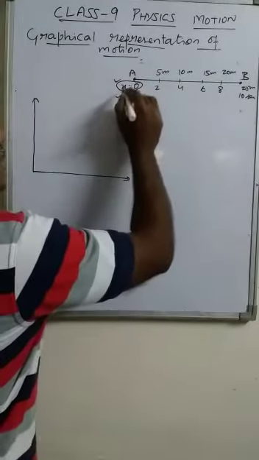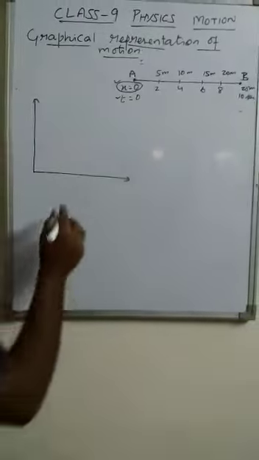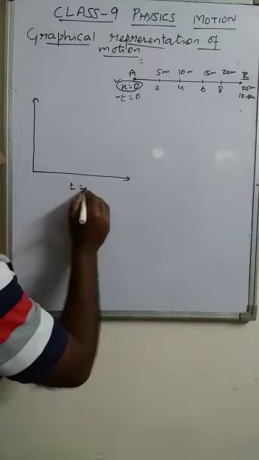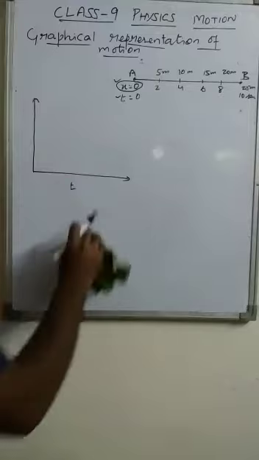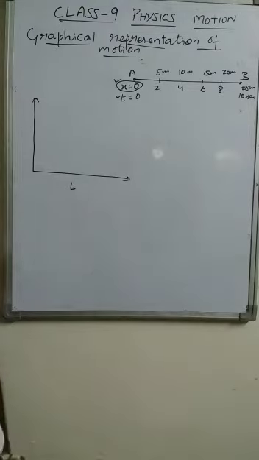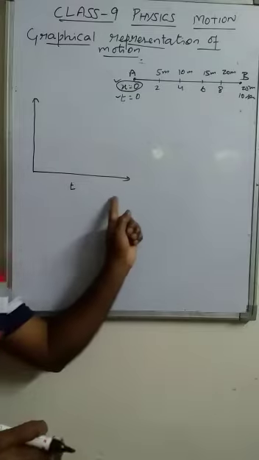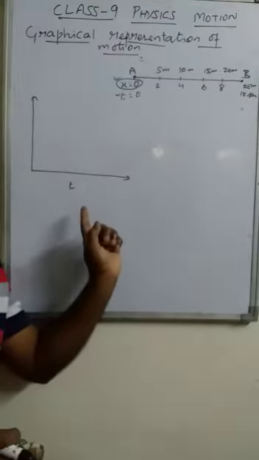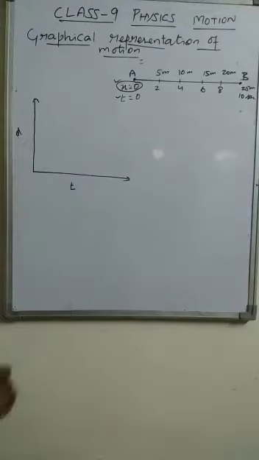One is distance traveled, another one is time taken. Of these two variables, the time is taken along the x-axis because time is the independent variable. Always the independent variable should be taken along the x-axis and the distance along the y-axis.